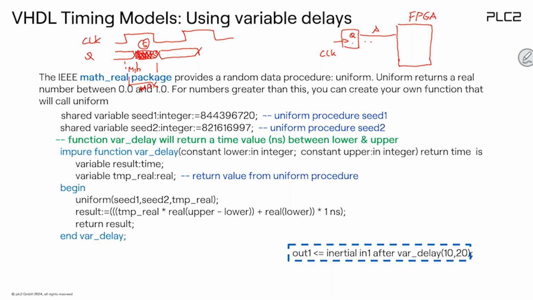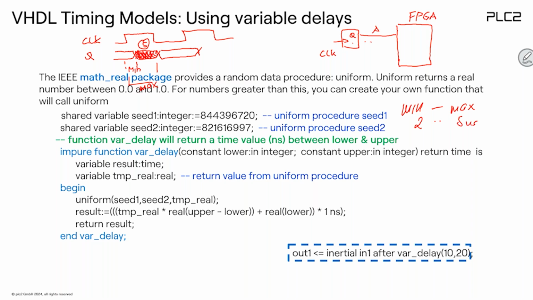So I would like to use random variable delays in the range from min to max. The delay should be random as long as I run the simulation, maybe from min 2 up to 5 nanoseconds.